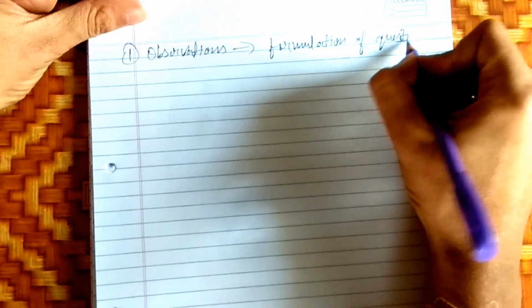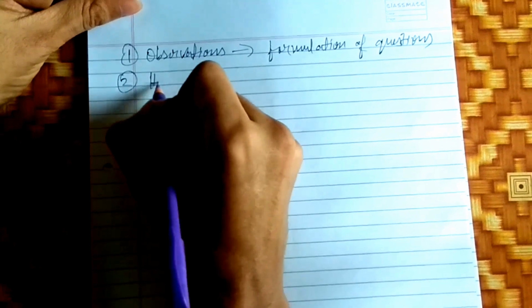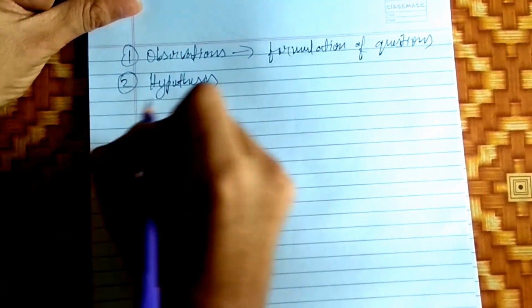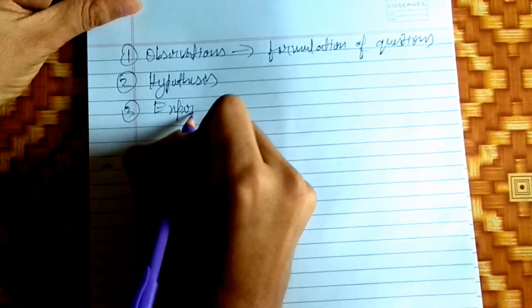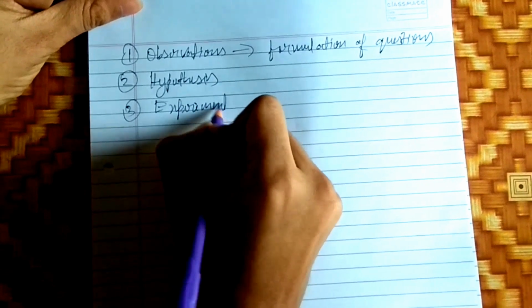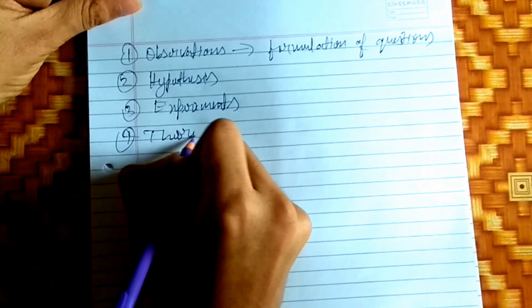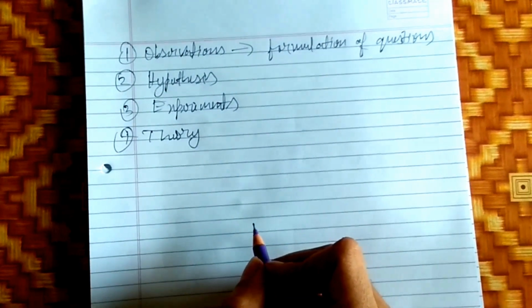Second is the hypothesis. Third is the careful design of experiments, and fourth is the theory. These are the main four components of the scientific method. All right, this is so clear.